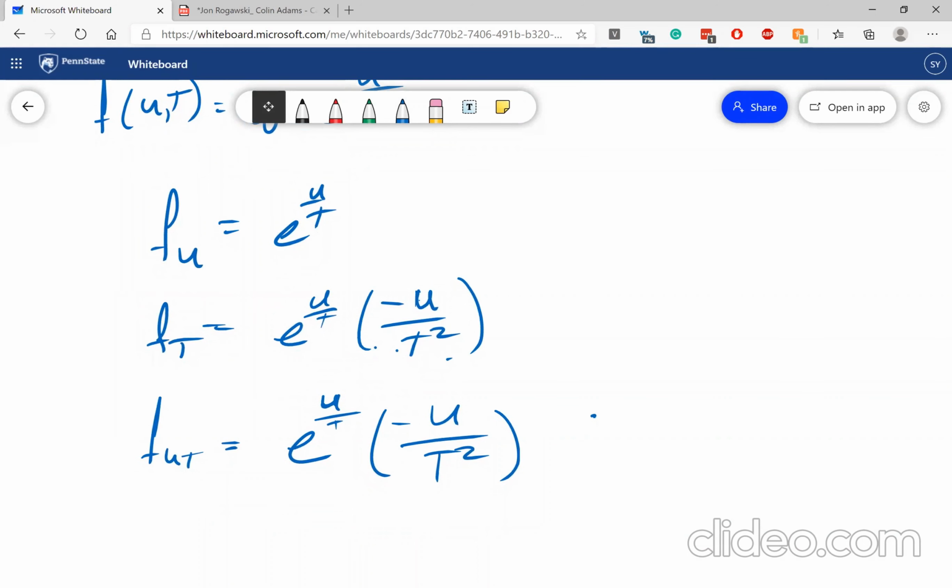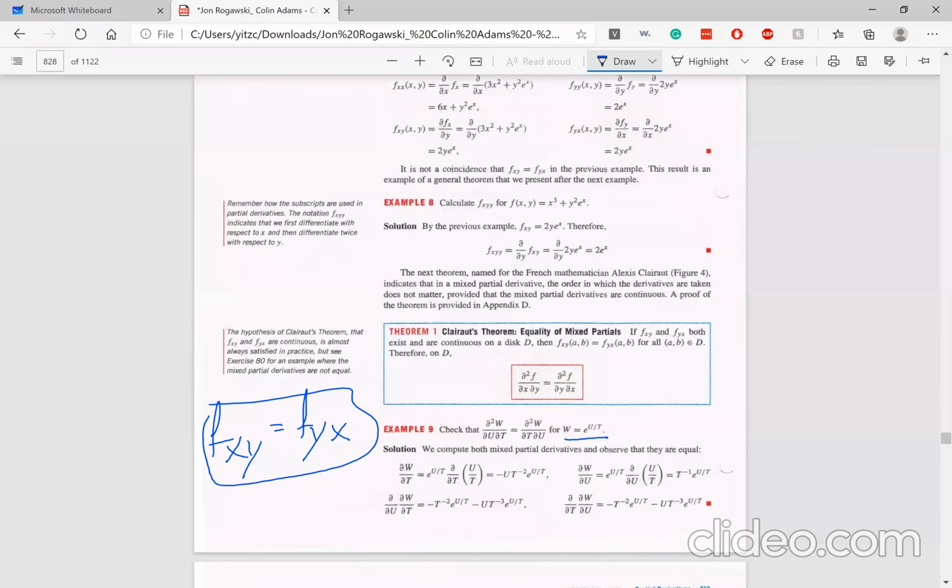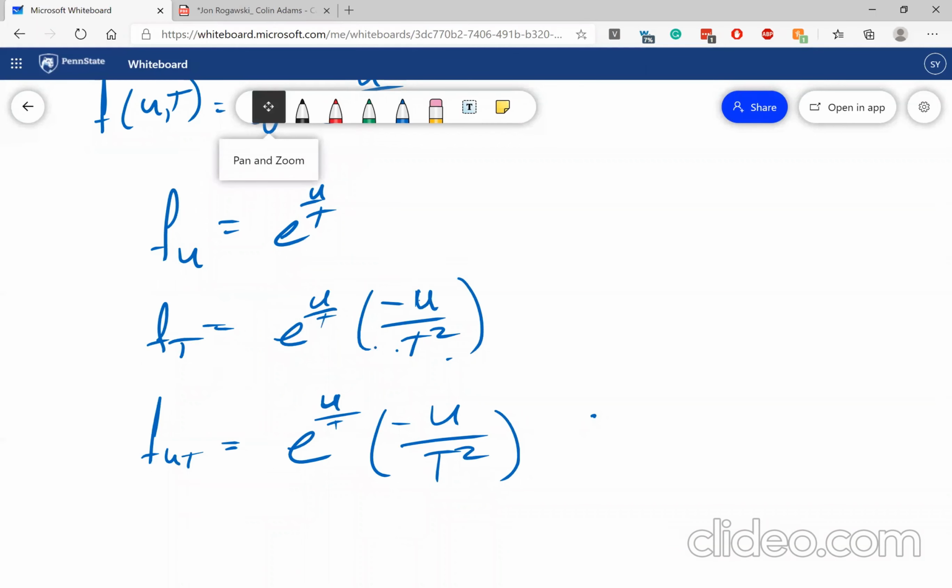Let me see something quickly. Yeah. Okay, fine. Okay, so then this is the partial of u with respect to t, good.